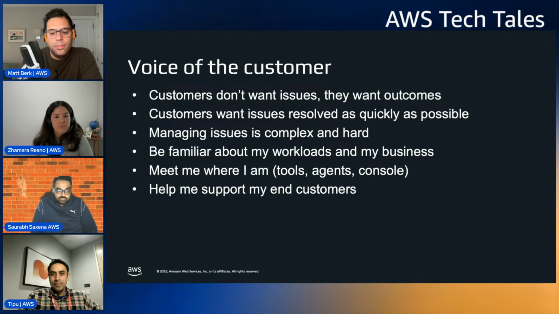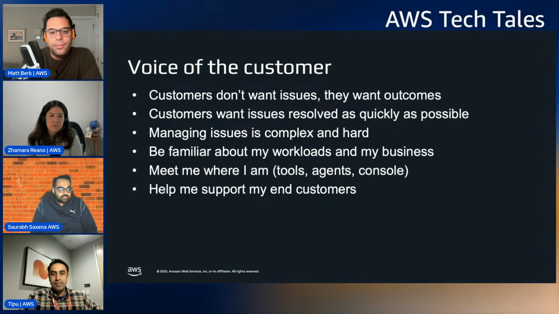They also tell us a lot that they want integrations, they want extensibility. If they operate in a tool, they want support to be available there. They don't want to lose the modalities that they operate in just to engage with AWS support. And last but not least, a lot of our customers have end customers that rely on their services.